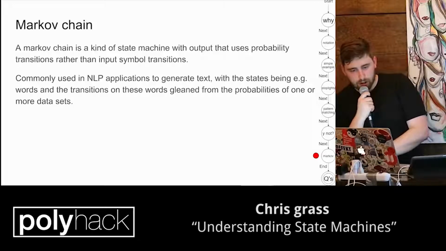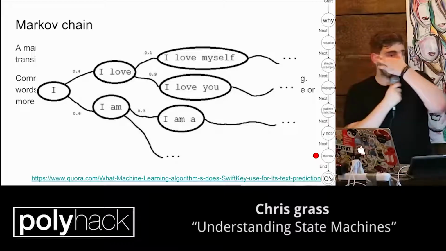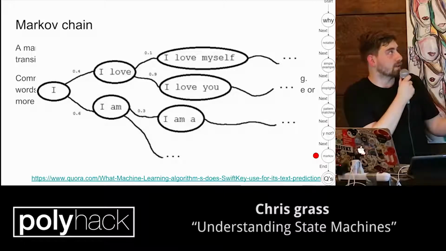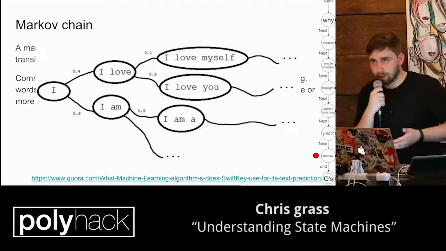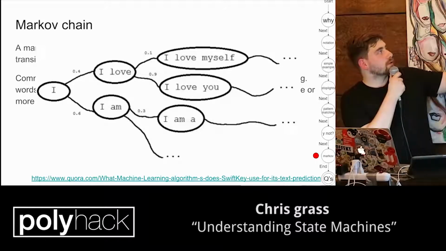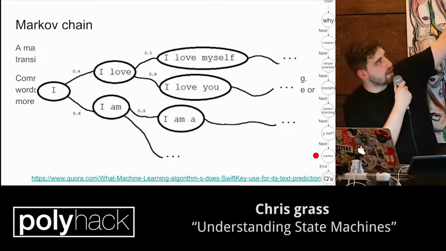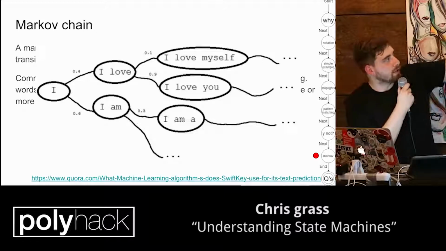But with a Markov chain, we have a probability associated with each transition. So each time we want to go between states, we generate a random number. If it's below 0.4, we'd go to that top one. If it's above that, we'd go to the bottom one.